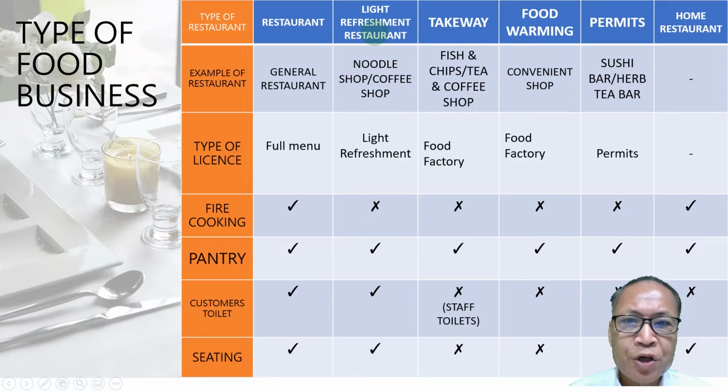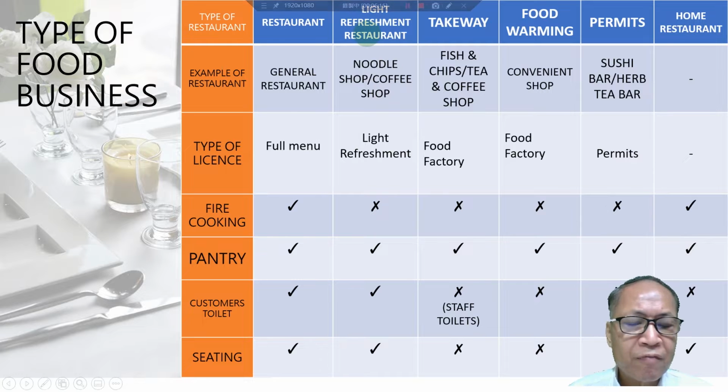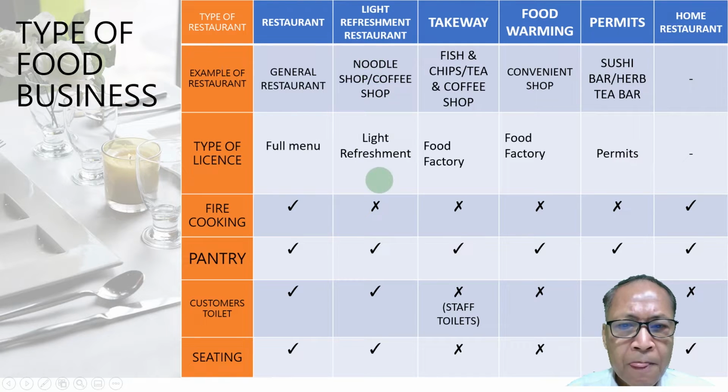Light refreshment restaurant. For example, it's a noodle shop, coffee shop. It's a light refreshment. Why is there a light refreshment restaurant? Because the provision for a light refreshment restaurant is simpler. Maybe you don't need a kitchen, but the type of food is listed by the authority, so it's restricted.